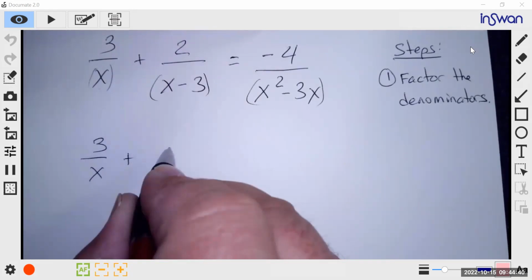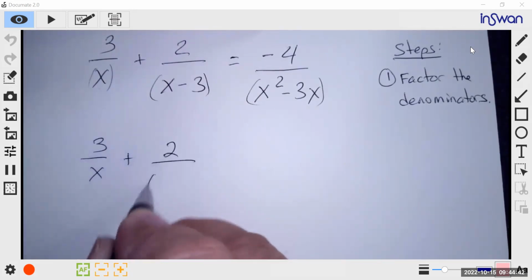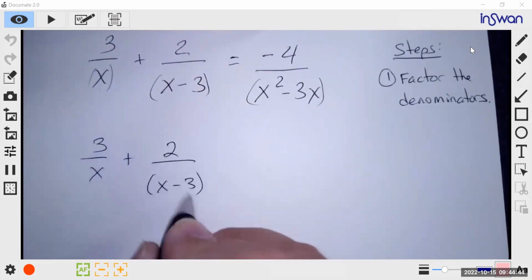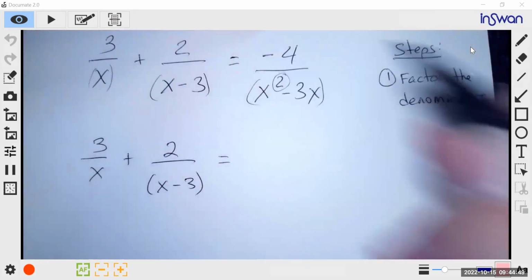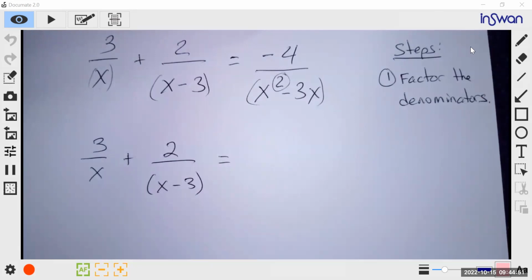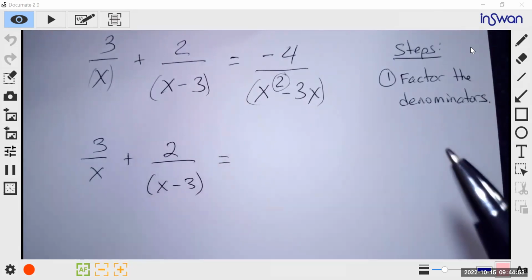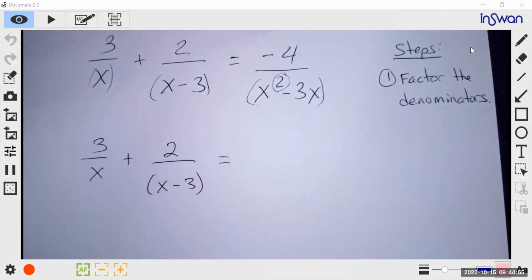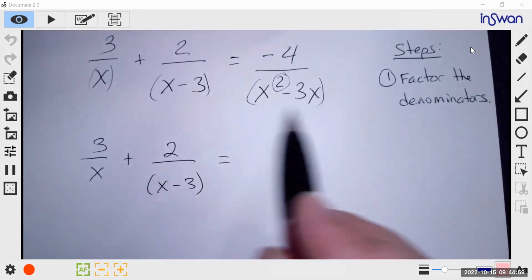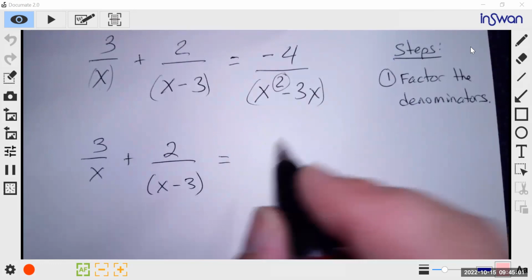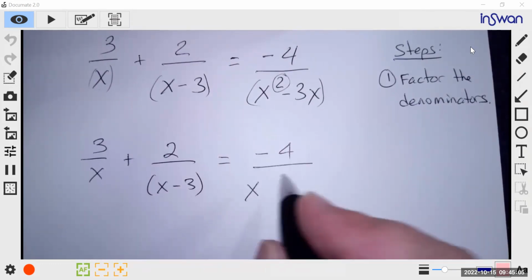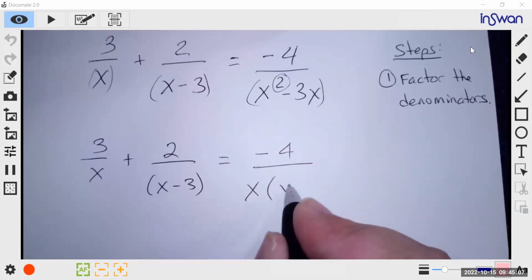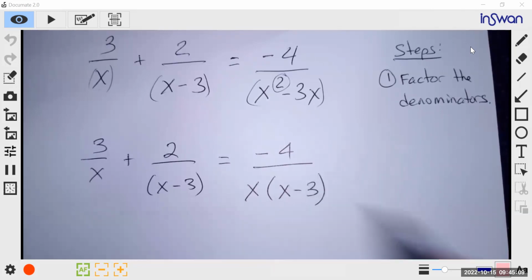This one's as far as you can go. Whenever you have anything squared, or if you have coefficients in both of them, usually something can factor out. So what do they both have in common? They both have an x. So I take out one x, which will leave me x minus 3 in the denominator.